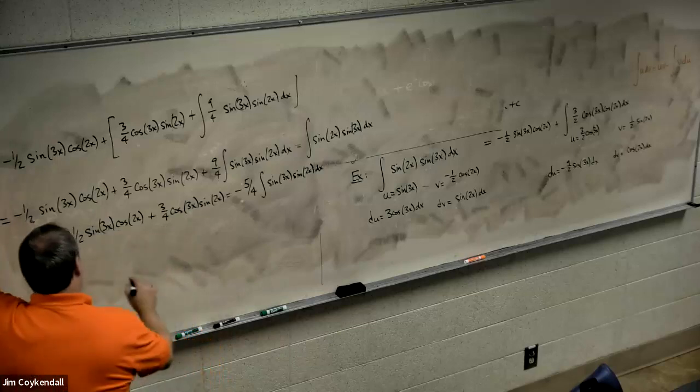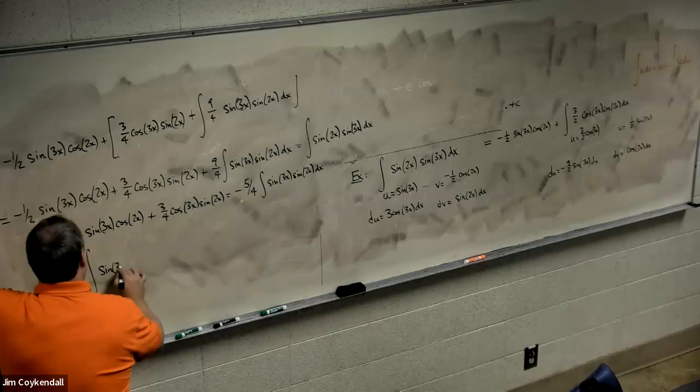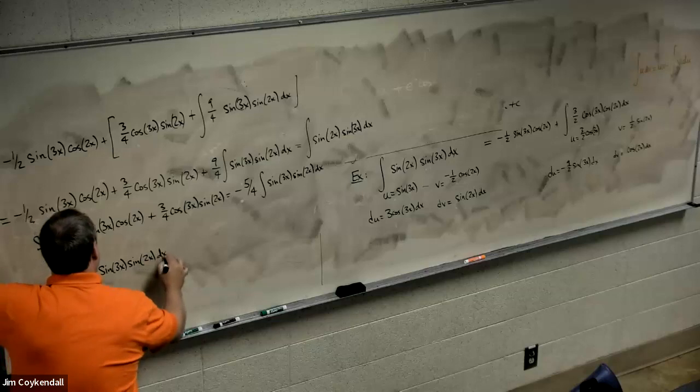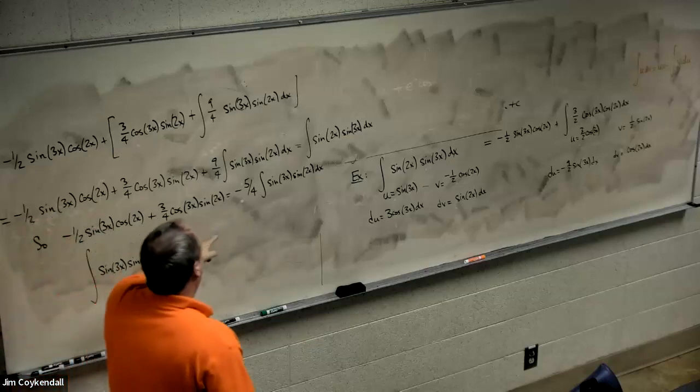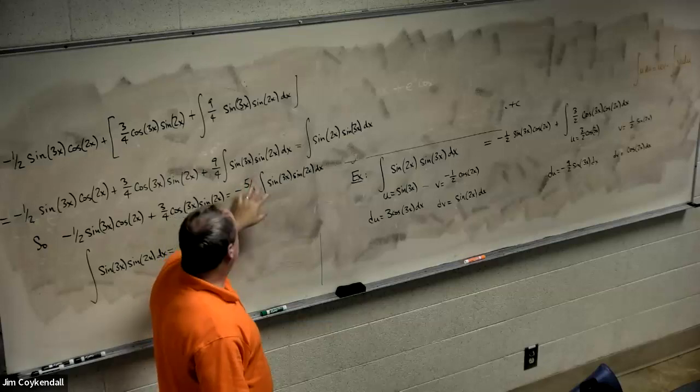And so at the end of the day, if I solve this for the integral, I've got to multiply both sides of the equation by -4/5, kill that.